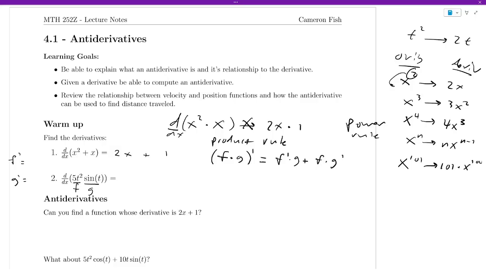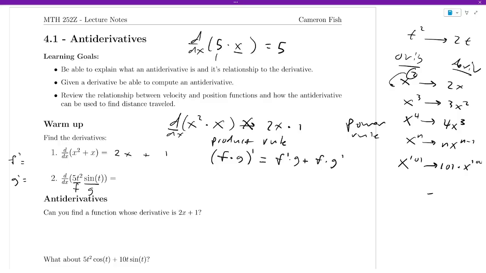Up here, I said you can't just do the derivative of each part when you're multiplying. You have to use the product rule. That's specifically when you're multiplying two functions, like two things with x's in them. But if I'm multiplying a number times my function, I can just keep it. For example, the derivative with respect to x of 5 times x: the derivative of x is 1, and I just keep the 5.